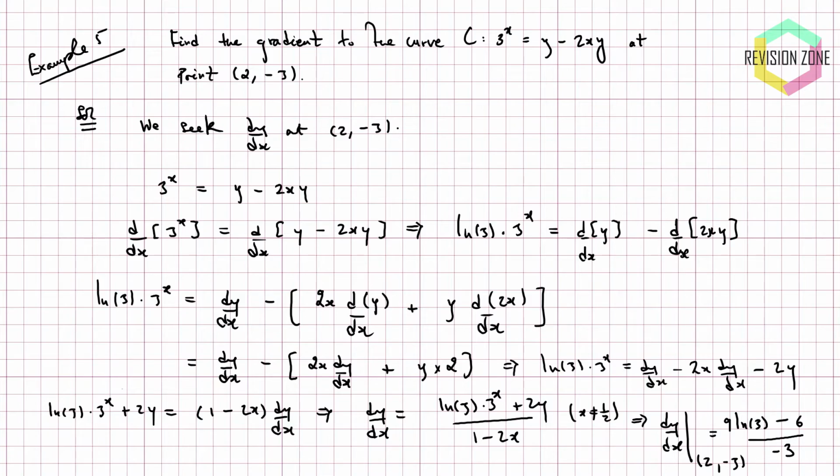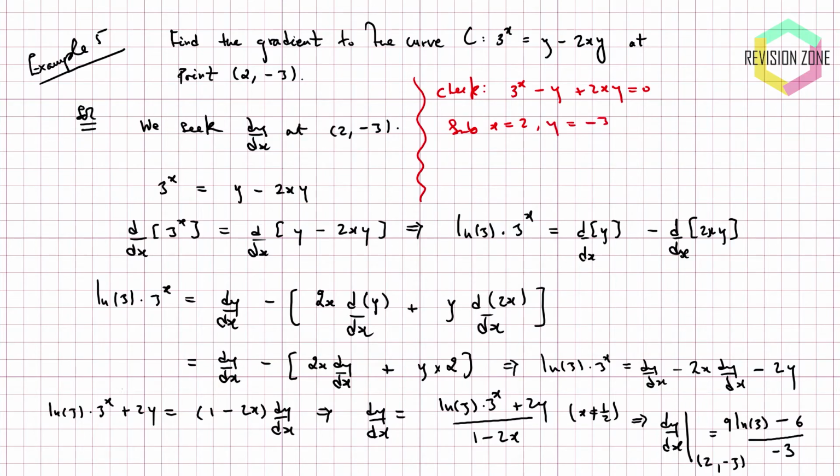Before moving on to the next example, it's worth doing a check. And actually, I don't want to check necessarily the answer that we've worked out, but I want to check whether this point here is actually on the curve C or not, right? So I'm just going to rewrite the equation of our curve in this sort of form, and sub x equals 2 and y equals minus 3.